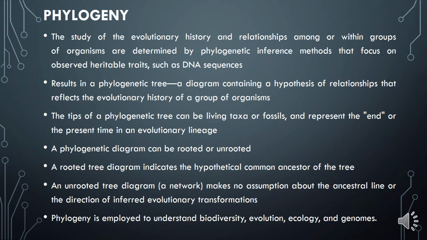Now phylogeny is basically classification based on the evolutionary history. How do we make the evolutionary history? By morphological traits, that is heritable traits, as well as biochemical: DNA sequence and protein sequence, that is the amino acid sequence of the proteins.